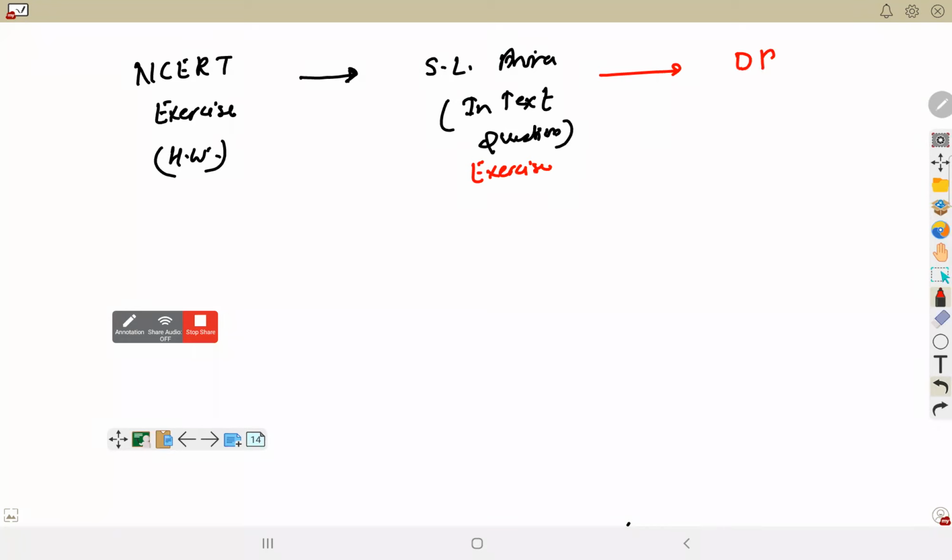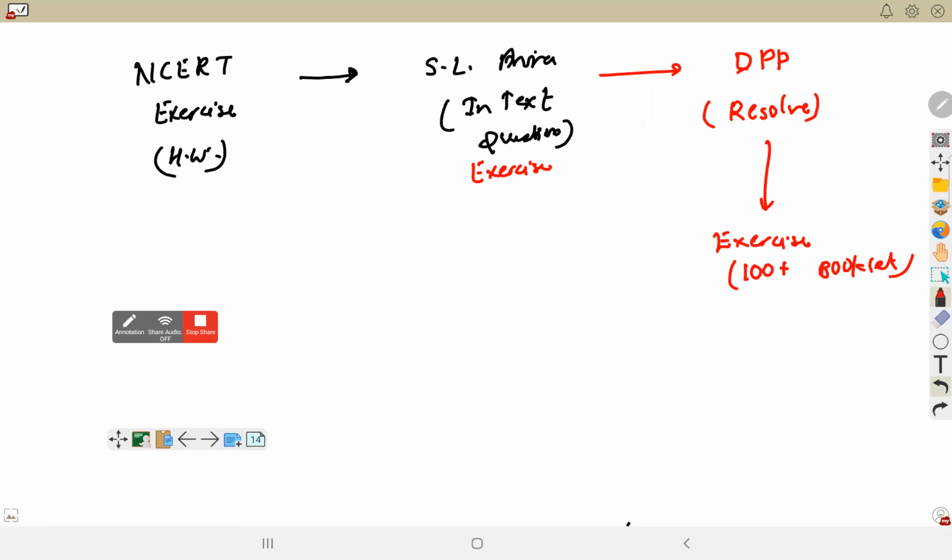Then I am solving DPP for you in the class that you have to resolve on your own. And then I am giving you a homework exercise from the 100 Plus Academy booklet, which has some good number of questions, but it is not the difficult one.